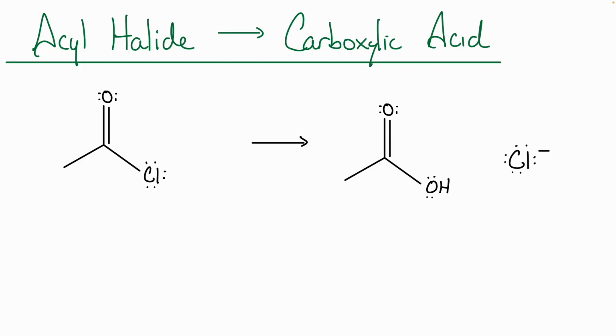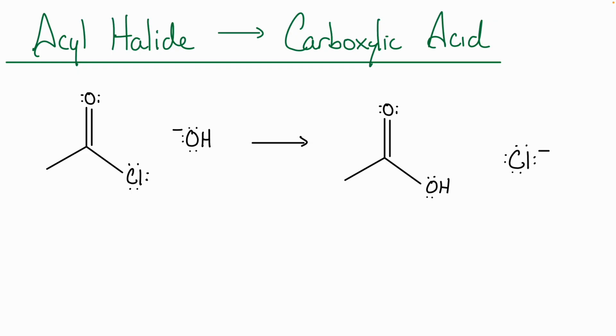So what else am I going to include? A hydroxyl, all right? If we included hydroxide, we can convert that acyl chloride into a carboxylic acid, all right? It's the name of the game here. We're just looking at what it is that we're substituting.